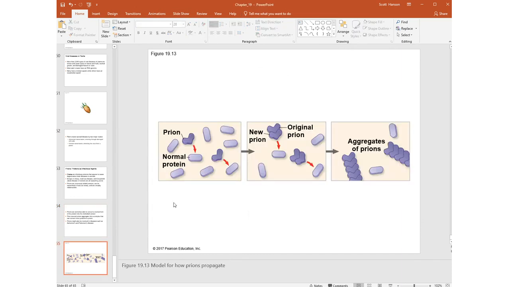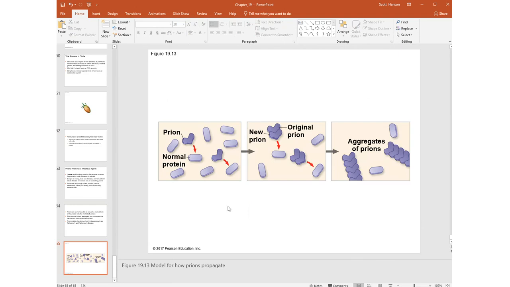So here you've got normal proteins, and here are the prions, the misshapen prions. They attach to normal proteins and produce more. So here's the original protein. Here's the new prion. They convert existing proteins to misshapen prions, and pretty soon you've got aggregates of prions as well. And so a lot of research is being done currently on how to control prions as well.